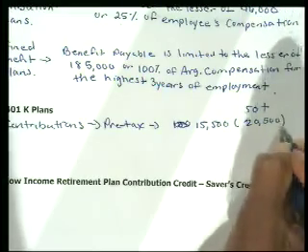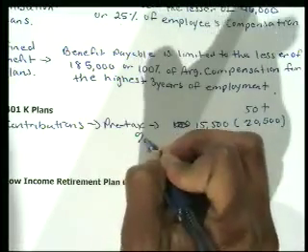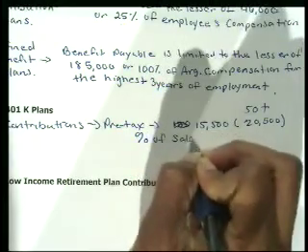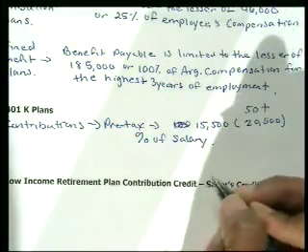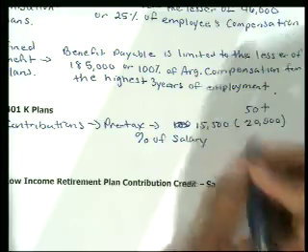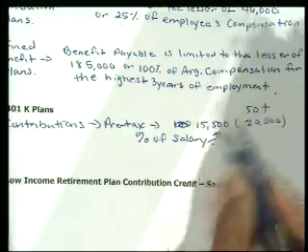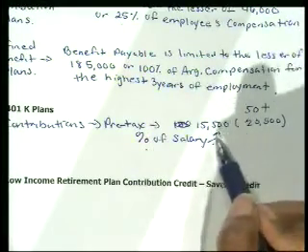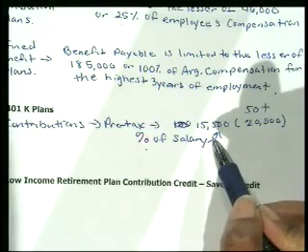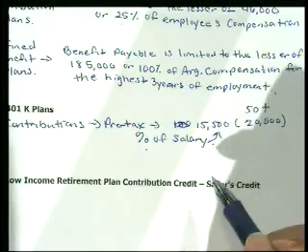Okay. And it's normally a percentage of your salary. You say, I want to contribute 15% of my salary, but whatever that percentage is, that amount cannot be more than $15,500 per year, or $20,500 if you're 50 or over.